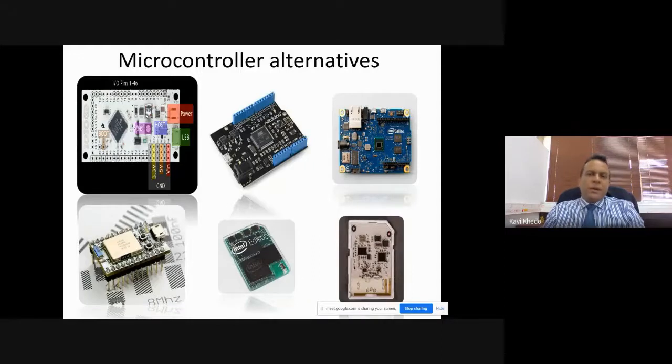They will differ in their CPU processing capabilities, in the I/O pins that they offer, and in the memory that they provide, the amount of bytes for the ROM and the RAM. So they differ mainly on those parameters: the memory, the processor, and the I/O ports that they offer.